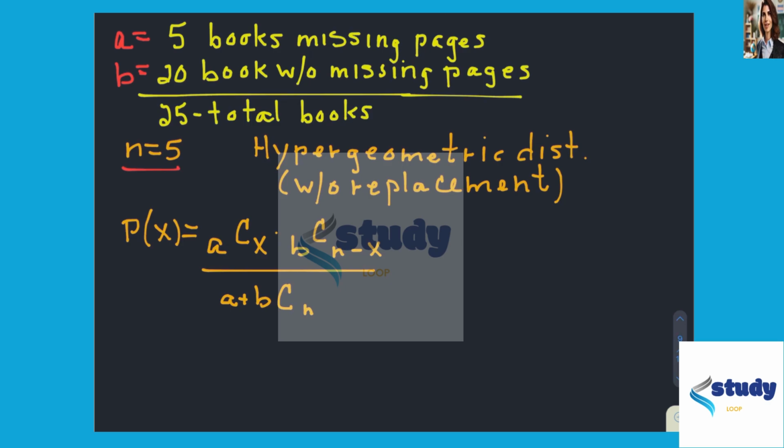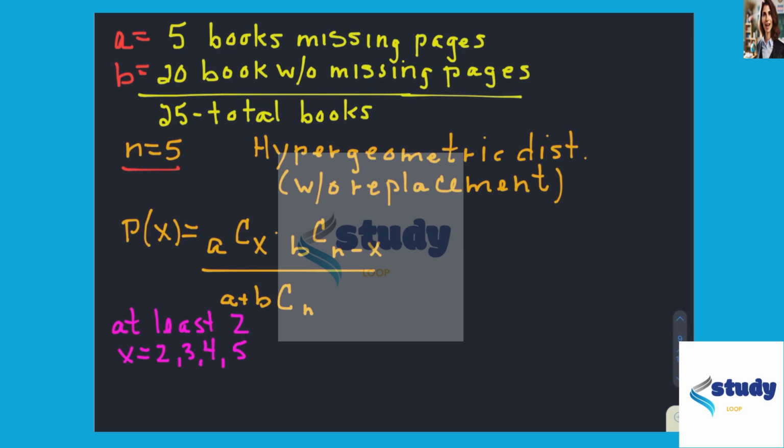Now, in this problem, we are looking for at least 2 books. So if I translate what at least 2 books means, it means that X could be 2, or 3, or 4, or 5. So let's think about what the probability distribution would look like.